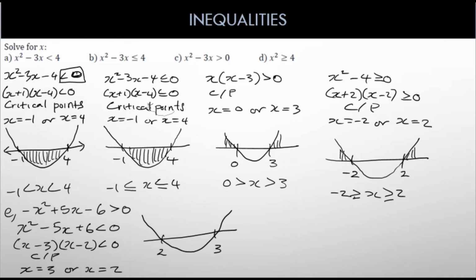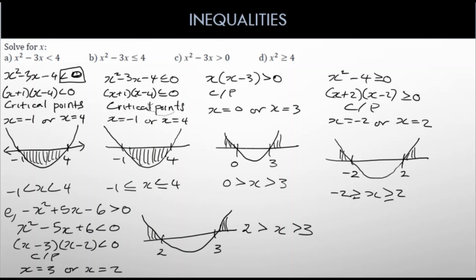And then now what we need to focus on is that our inequality is saying greater than, so we have to go above the number line, and then our inequality follows the greater than sign, so our greater than sign is facing this way, and then we have our x here, and then we include our critical points, so it's 2 and 3.